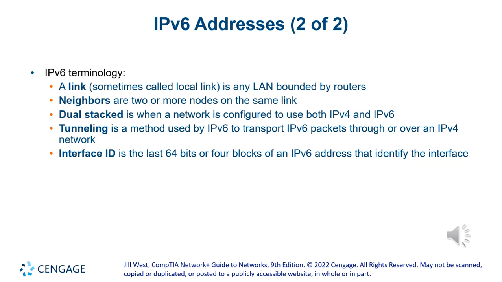On IPv6, the interface ID is the last 64 bits of your address, kind of like the MAC address. In the MAC address, the first half is your manufacturer identifier, your OUI, and the second half identifies your workstation. On IPv6 it's the same thing.